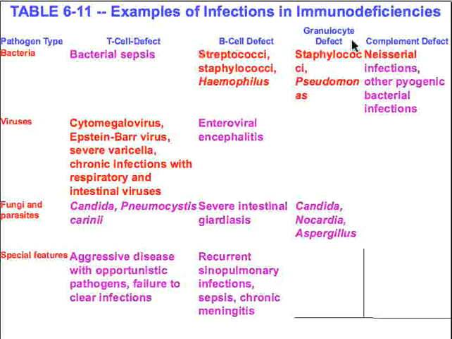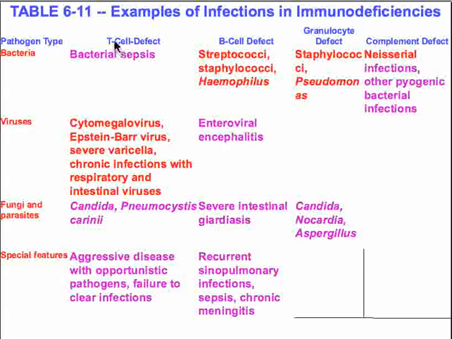If you can visualize or understand that if you have primarily a T cell defect, all immune problems are possible, but most likely the patients are going to be affected by viral type illnesses.